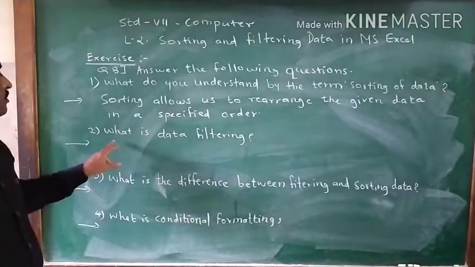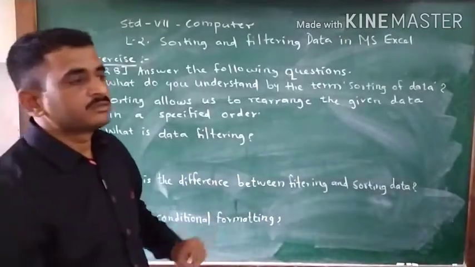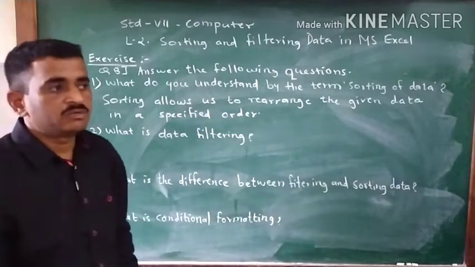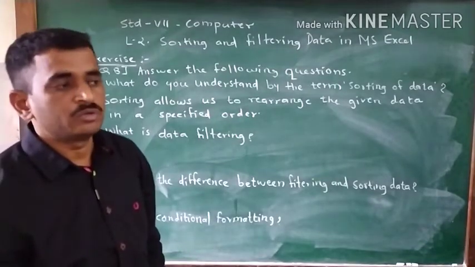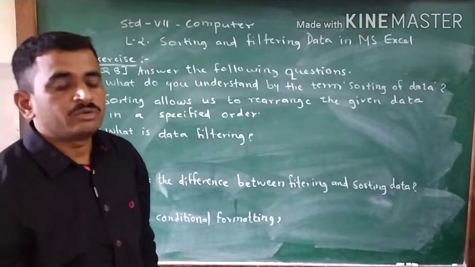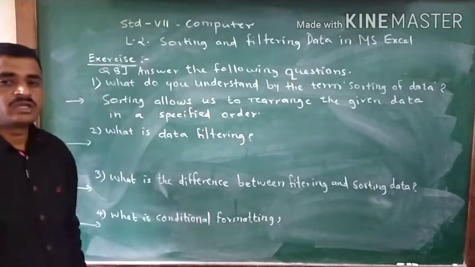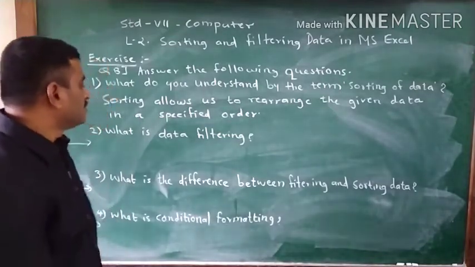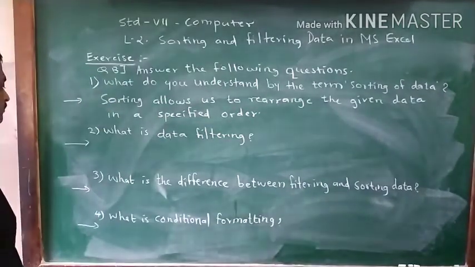Now, what is data filtering? Data filtering is used to selectively block out the data that we don't want to see, or we can say whatever data we want to see, that data we can select and that data will be present on the screen. So anyhow we can write the answer.